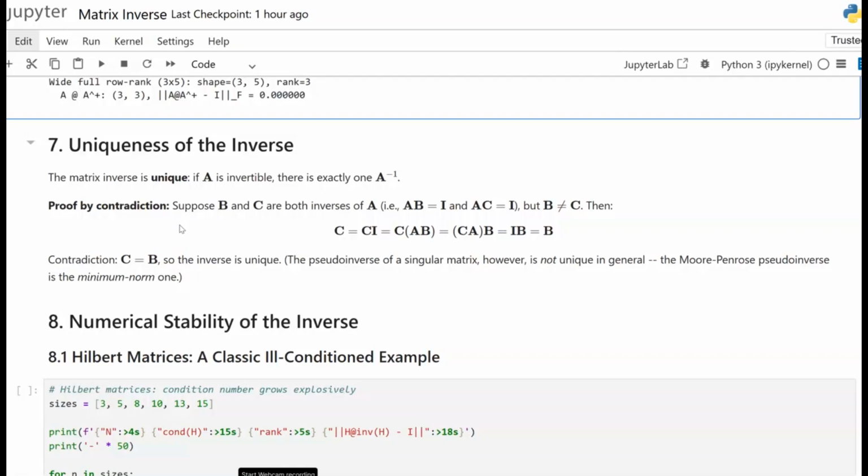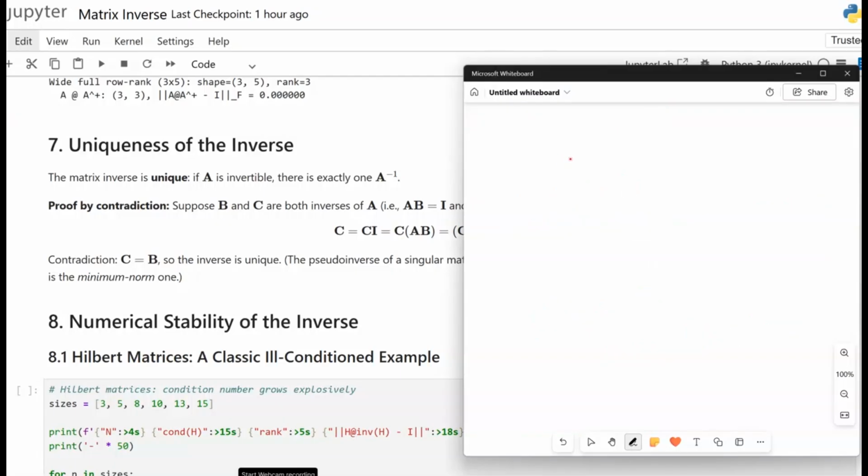Let me discuss that. Suppose, for the sake of argument, A has two inverses, B and C. Since B is an inverse, we know AB equals I, where I is the identity matrix.